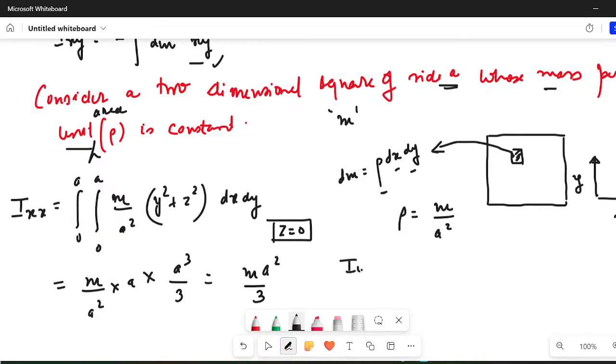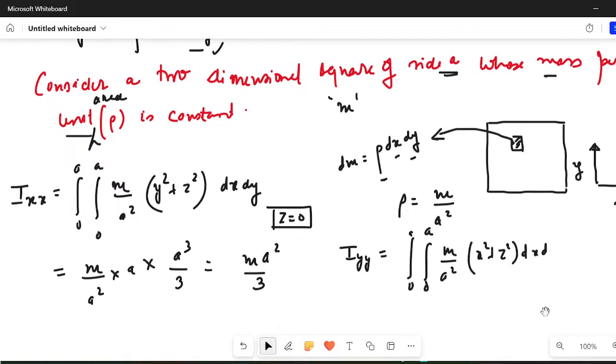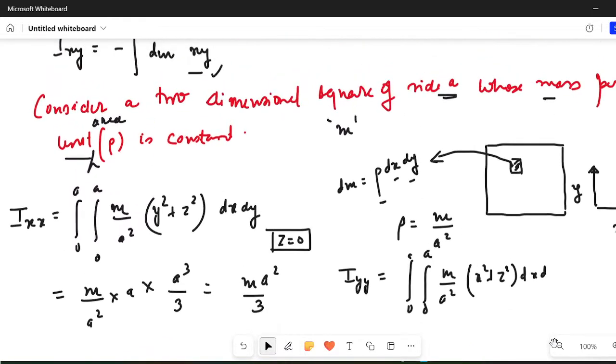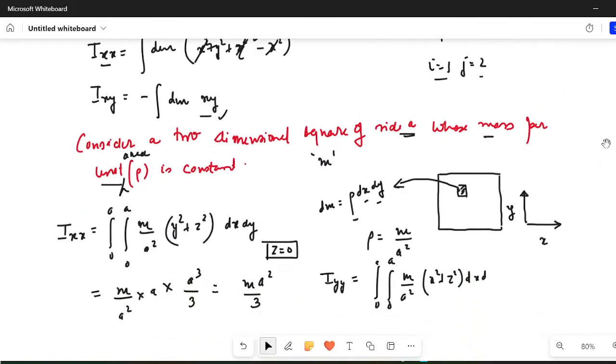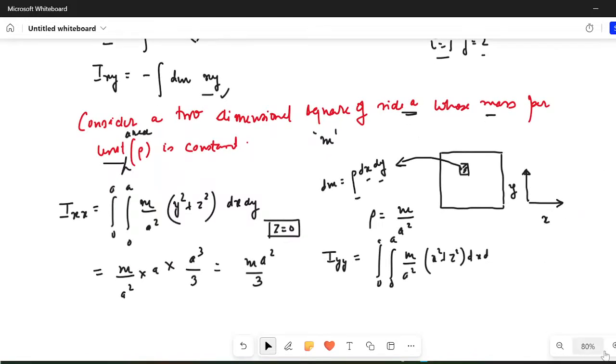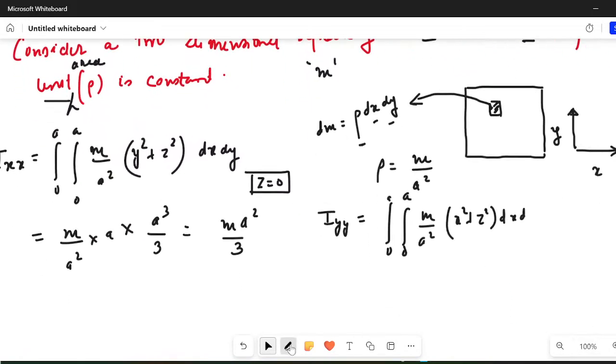Similarly, if you want to find Iy, it is the integral 0 to a, 0 to a, m upon a square, and this is x square plus z square, and then you have dx dy only, because we are in the xy plane only.